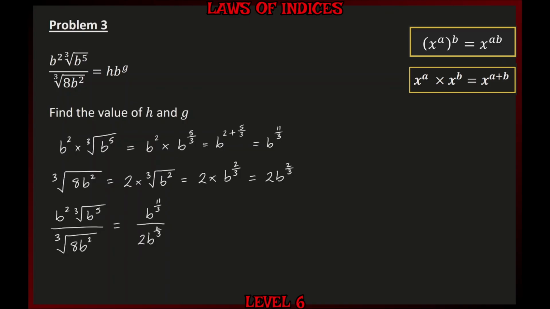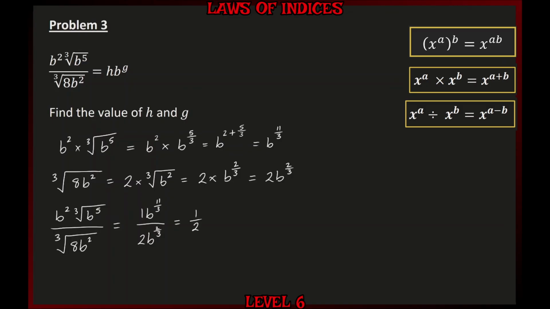Now in this fraction we're dividing the numerator by the denominator, so we can use this law, which tells us that when we divide indices we subtract the powers. So putting a 1 in front of our b to the power of 11 over 3, we can start by dividing 1 by 2 and we get 1 over 2, or a half.